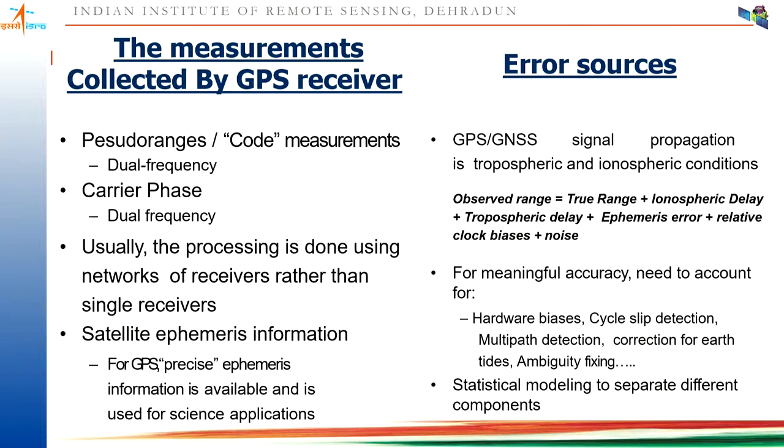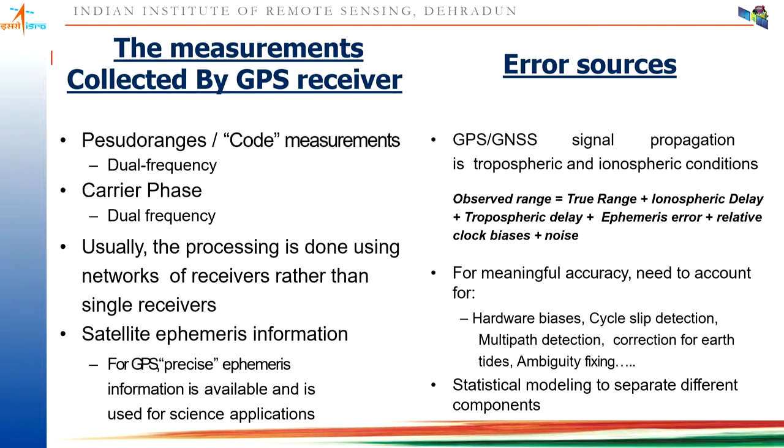Usually the processing is done using a network of receivers rather than a single receiver. When processing data, we can take nearby IGS stations data for clock corrections, for the different satellites and satellite clocks or receiver clocks. So we are using different stations' data.